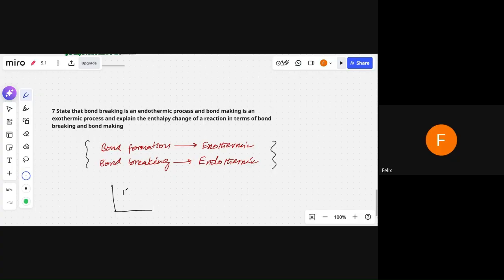That the two hydrogen atoms that are not bonded together will have a higher energy. And when they make a bond, let's say this is the distance between these two atoms, and that's the energy. So when they come closer to a certain distance, they will form an H2 molecule. The energy of the H2 molecule will be much lower than the energy of individual hydrogen atoms. So this is the whole concept of making bonds.